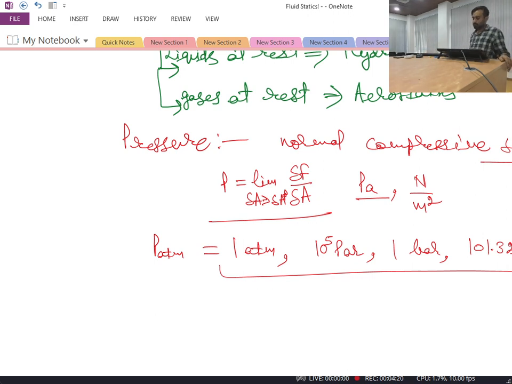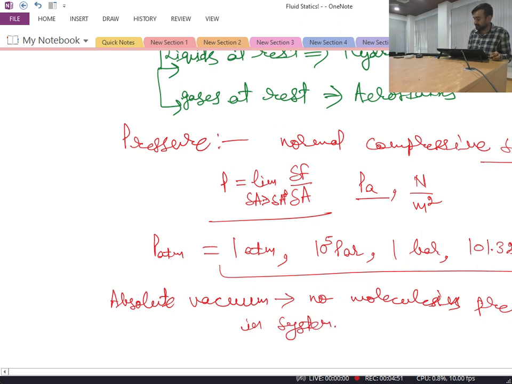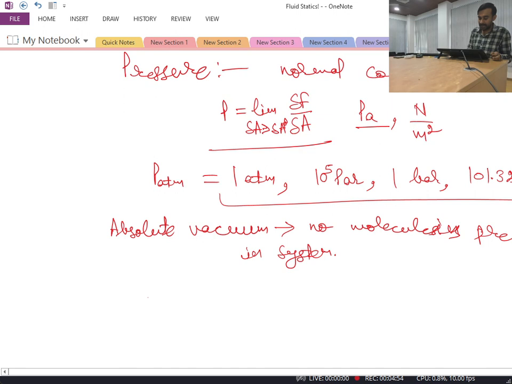Typically we have a situation of absolute vacuum, and absolute vacuum is the point where no molecule is present in the system. When there is no molecule present in the system, whatever pressure I measure, I will call it absolute zero pressure.